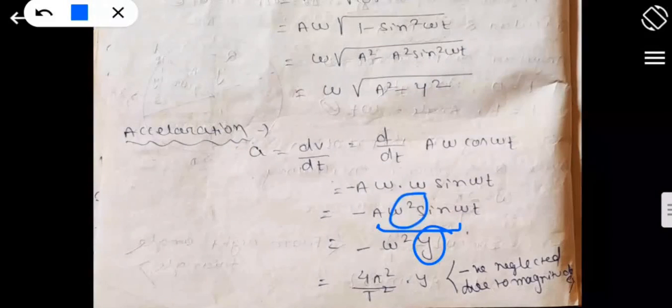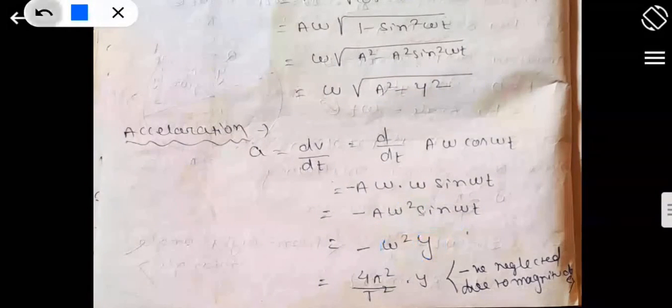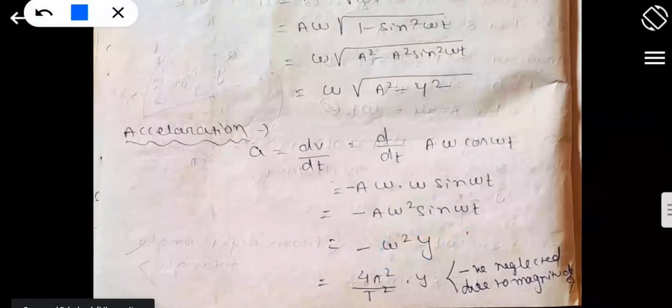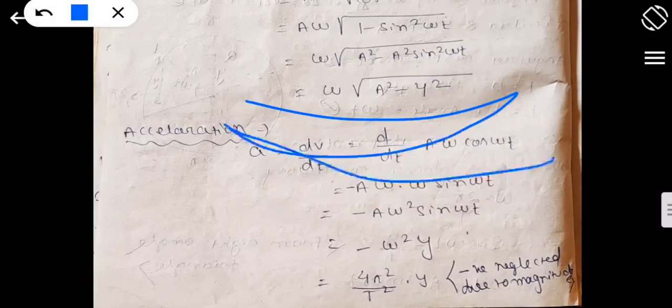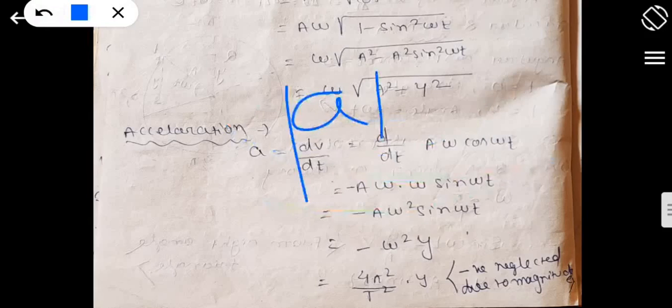So the formula becomes minus omega square into y. Now place the value. Let us neglect this negative sign because we have to take the magnitude value. Acceleration can be in both directions, one positive and one negative, so I can say the modulus of a, and then the minus will be neglected.